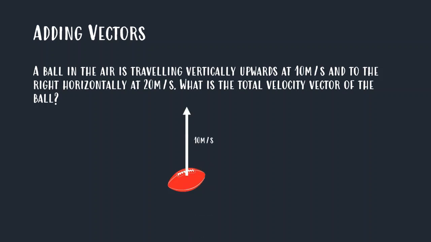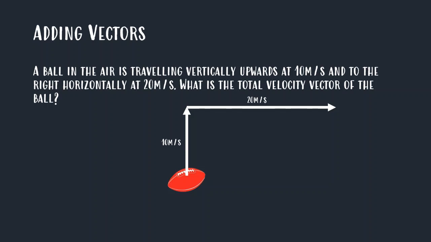So let's just draw in the vectors as they are said in the question first. So upwards at 10 meters a second, to the side at 20 meters a second. You can see that the one going to the side is much longer than the one going up because they have different magnitudes.